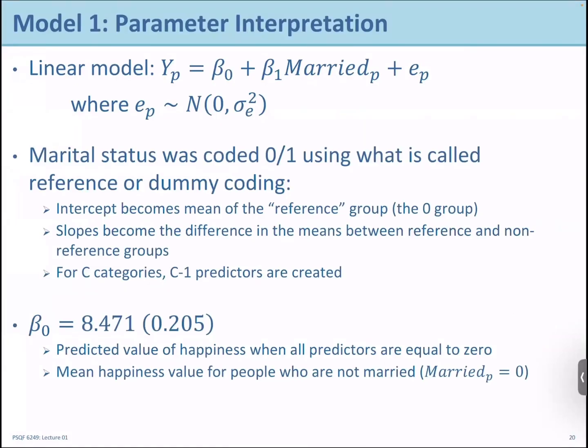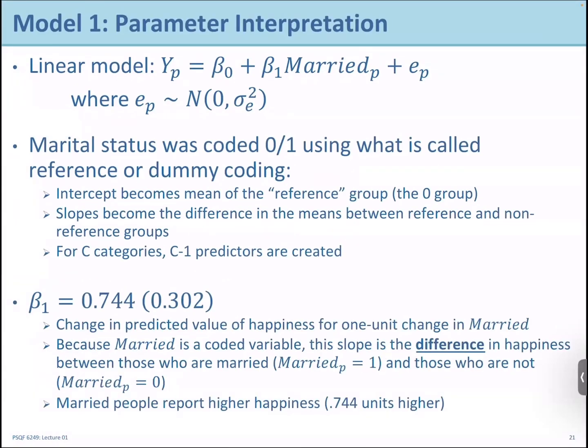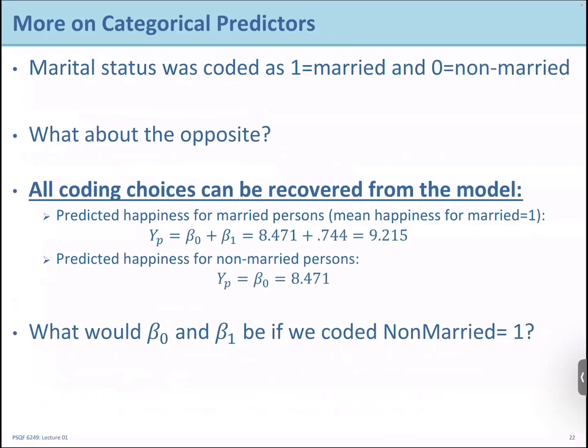All right, I just interpreted these values already. So if you wanted to flip these around and make the reference group, instead of saying non-married people are the reference group, we call it married people.